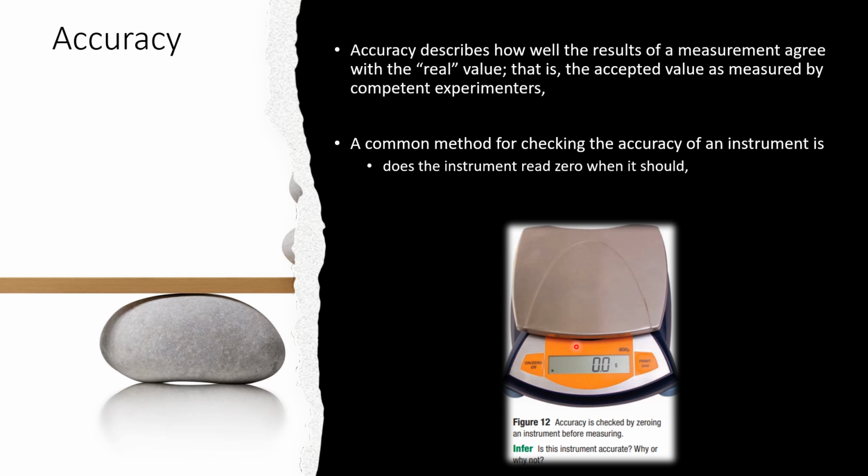So that's a way to check accuracy. Again, accuracy describes how well the result of a measurement agrees with the real value, and we check it by checking the 0 in the instrument before using it. That's for accuracy.